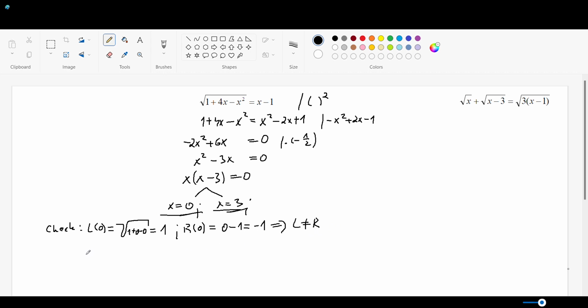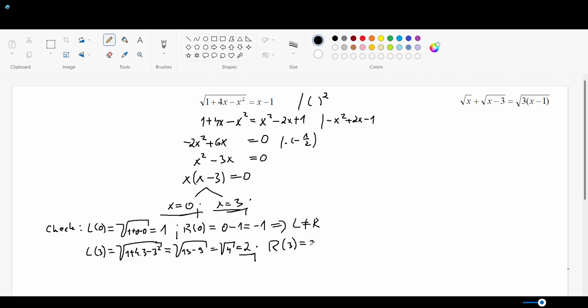x equals 0 is not a solution of the equation. Let's have a look at what is going to happen with the left side for x being 3. So this is going to be the square root of 1 plus 4 times 3, take away 3 squared, and it equals the square root of 1 plus 12 is 13, take away 9, which is the square root of 4, and this is 2, a nice number. And let's have a look at what we get for the right side, for x being 3.